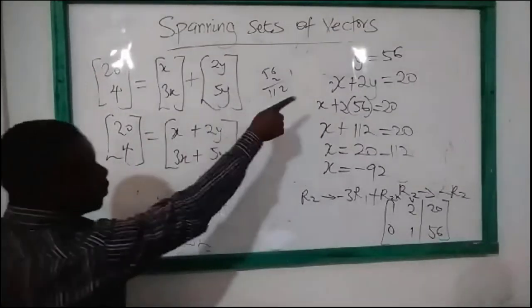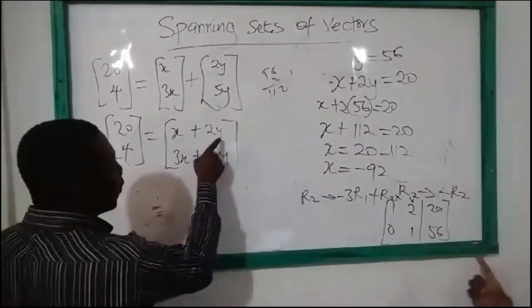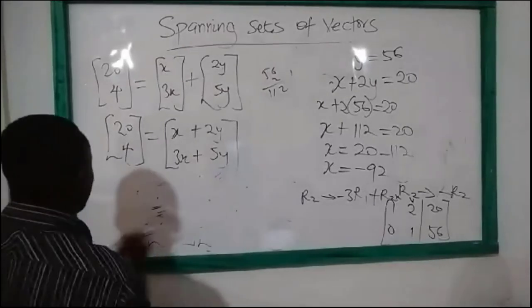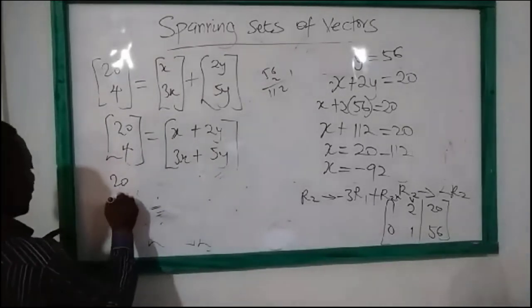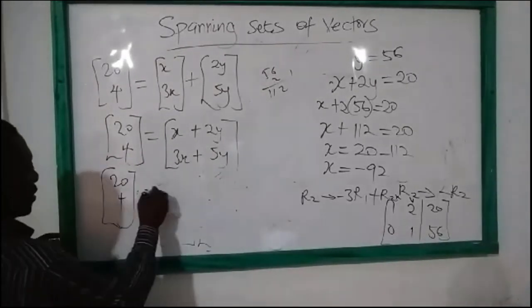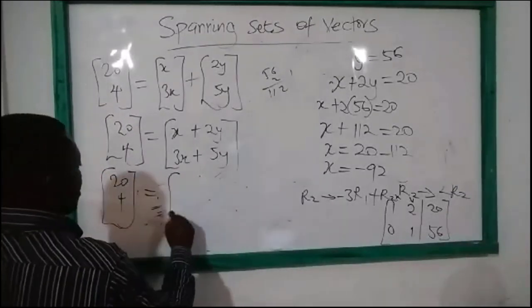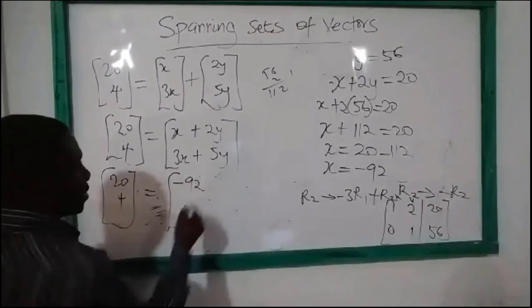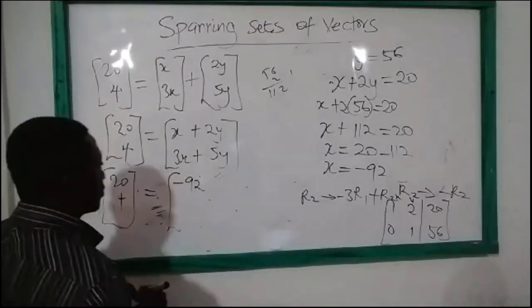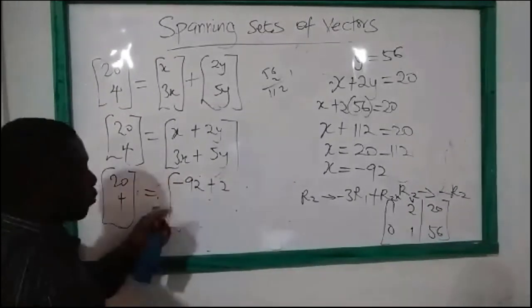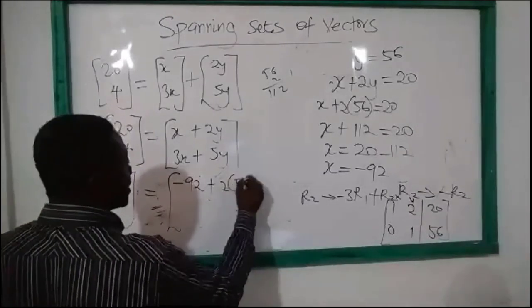So we now know the value for X, we know the value for Y. So we just have to substitute. So 24 equal to minus 92 plus 2y, which is 56.